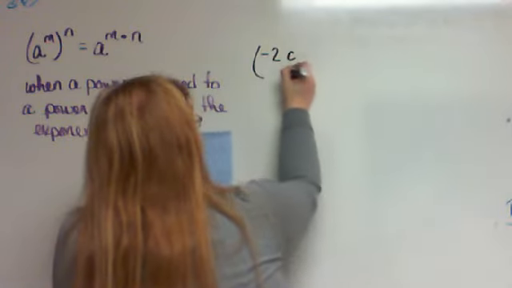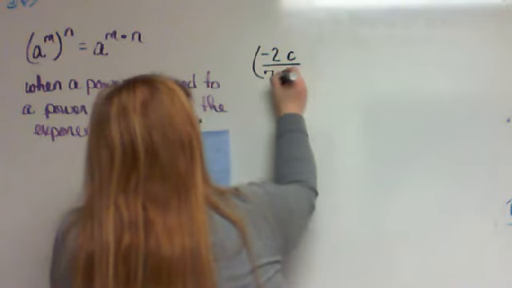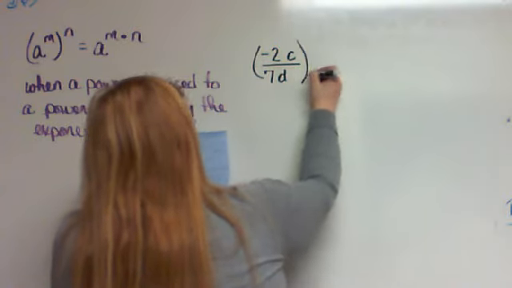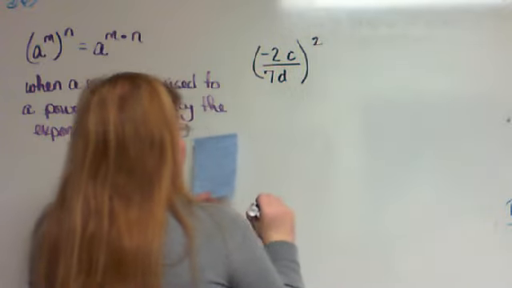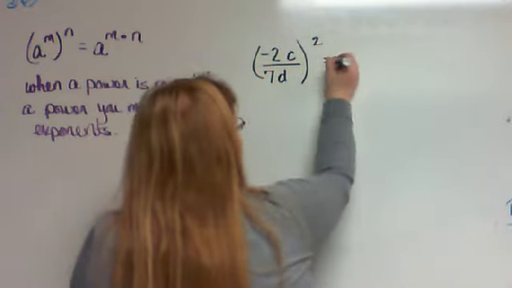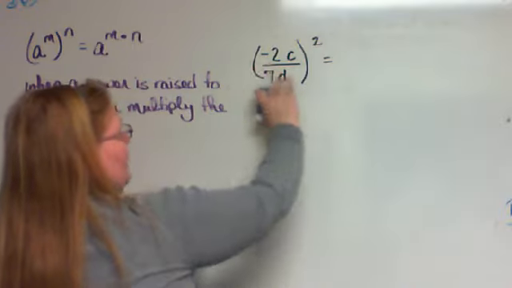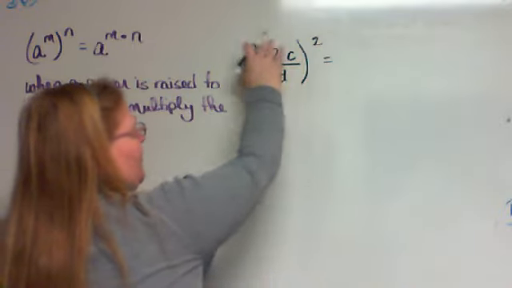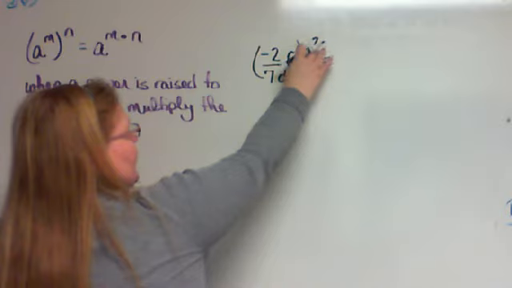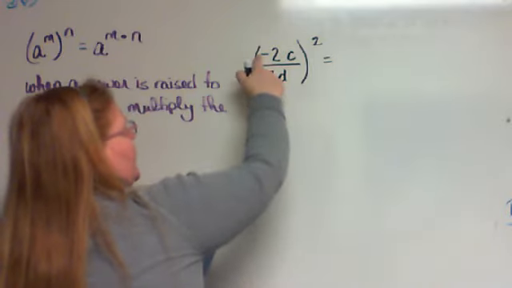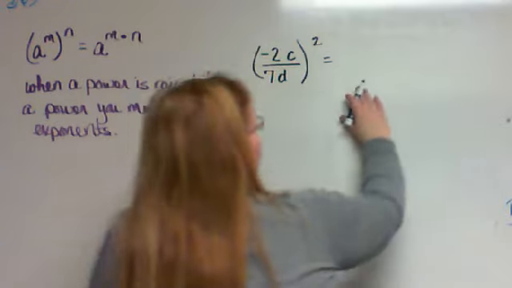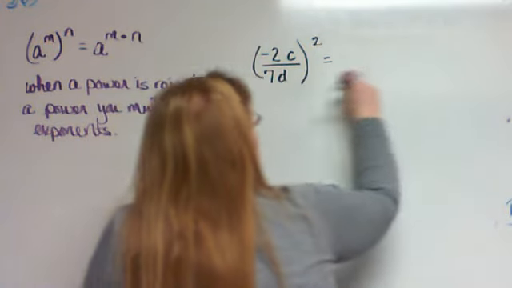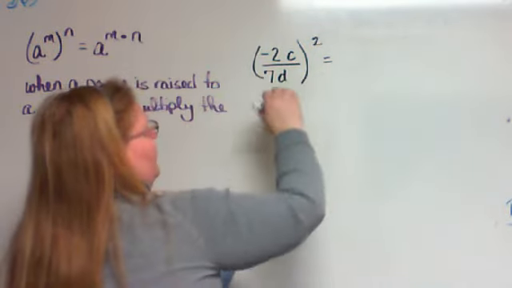Negative 2c over 7d, all raised to the second power. Since all of this is raised to the second power, then everything in here gets that second power. And we just said that a negative raised to an even number is going to become a positive. So that took care of my negative out front. It's not there anymore.